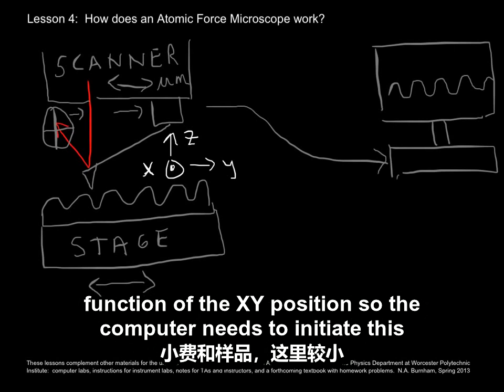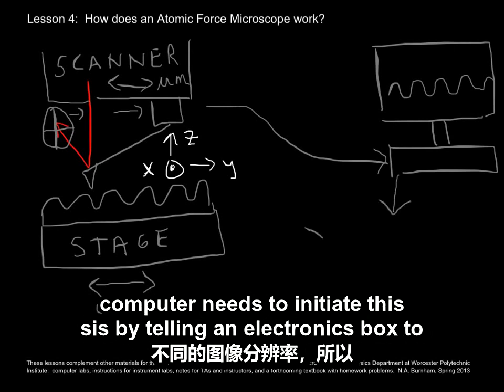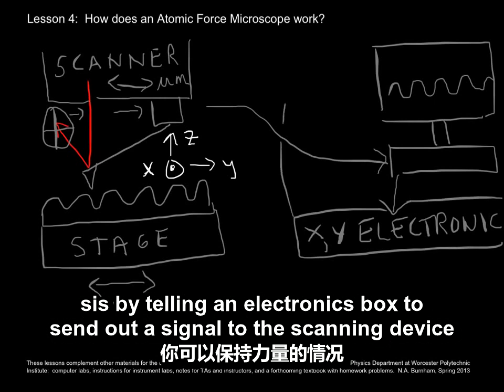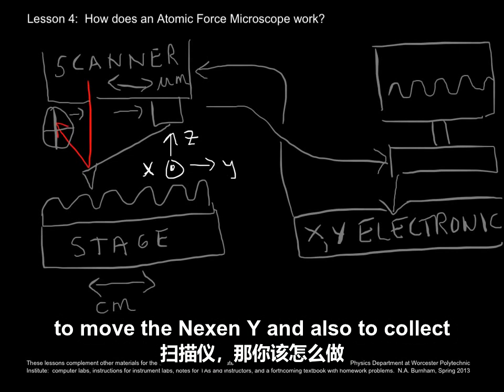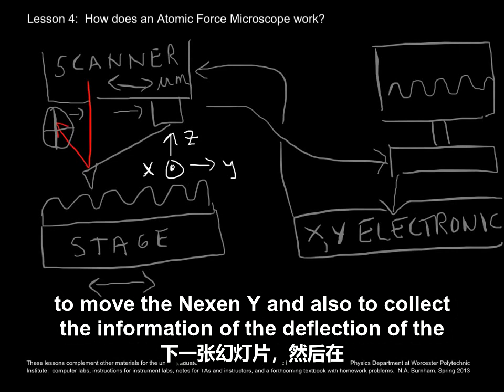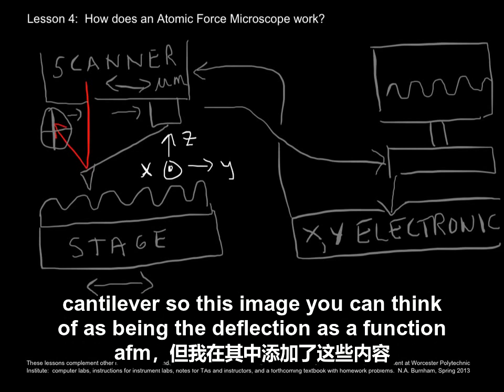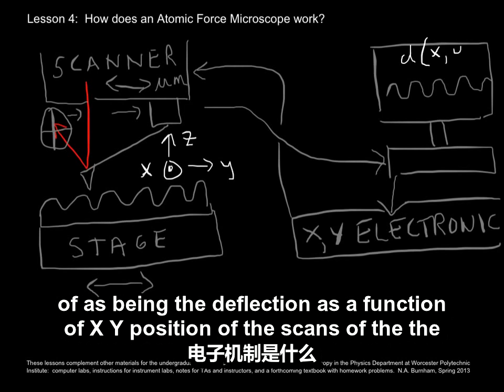So the computer needs to initiate this process by telling an electronics box to send out a signal to the scanning device to move in X and Y, and also to collect the information of the deflection of the cantilever. So this image you can think of as being the deflection as a function of XY position of the scanner.